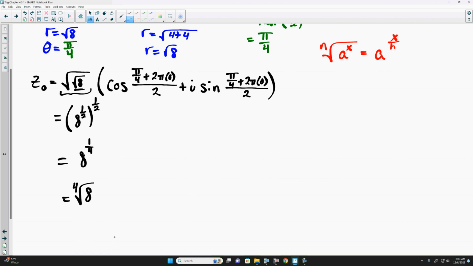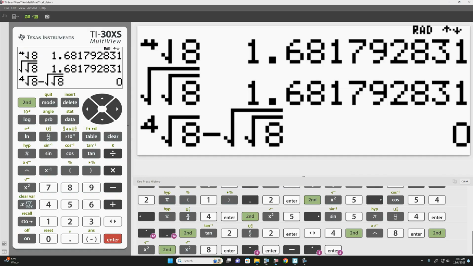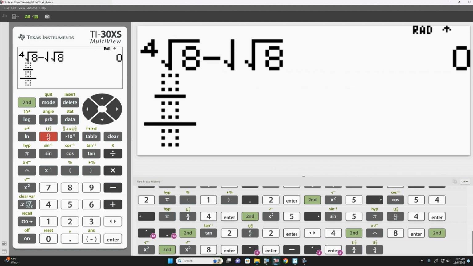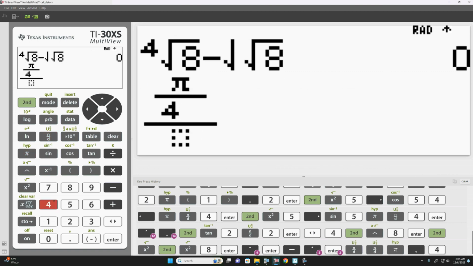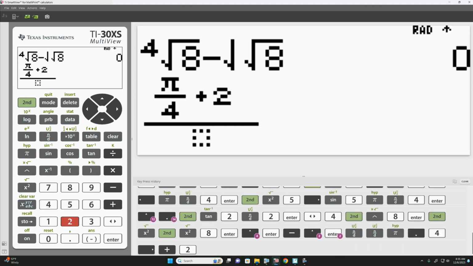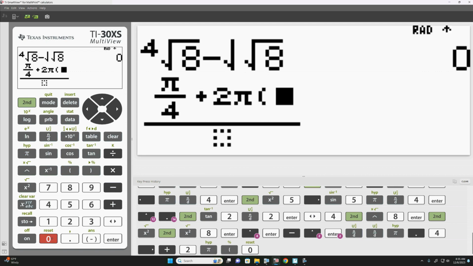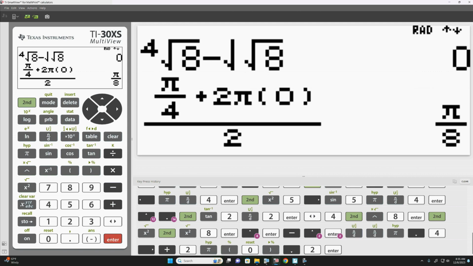Well, we do need to finish the rest of this. Because here we have cosine of pi over 4 plus 2 pi times 0 over 2, which gives pi over 8.